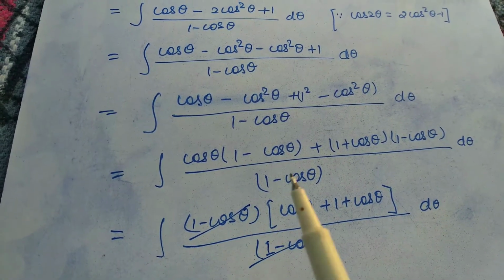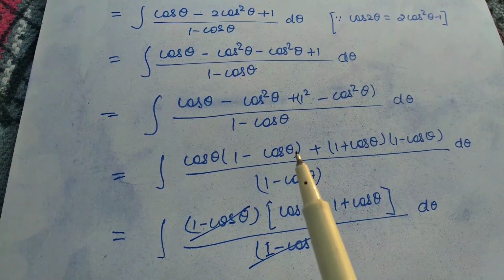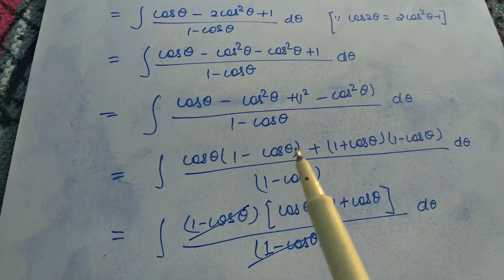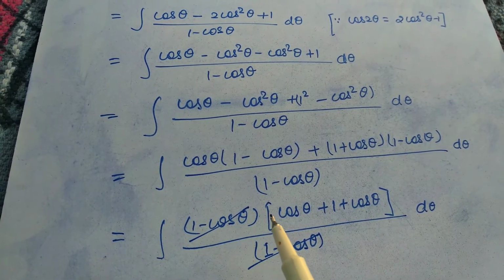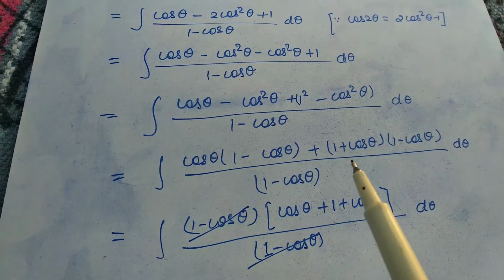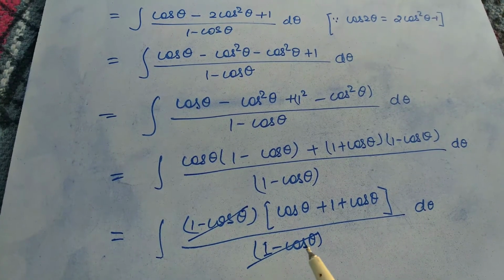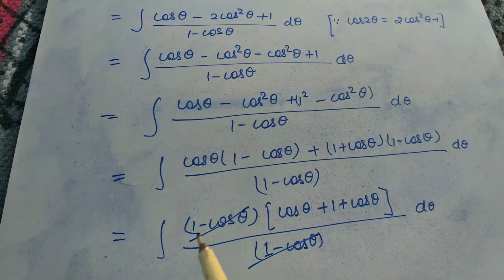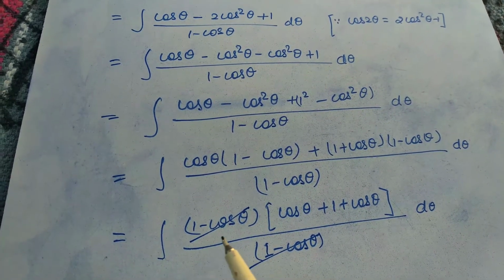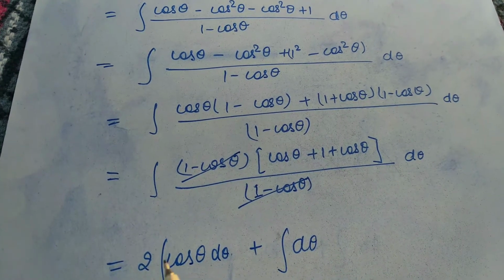So in the next step, we have taken (1 minus cos theta) common from both the terms. So it is (1 minus cos theta) into (cos theta plus 1 plus cos theta), upon (1 minus cos theta) d theta. Here (1 minus cos theta) upon (1 minus cos theta) will be cancelled out, and the rest of the part will be this.